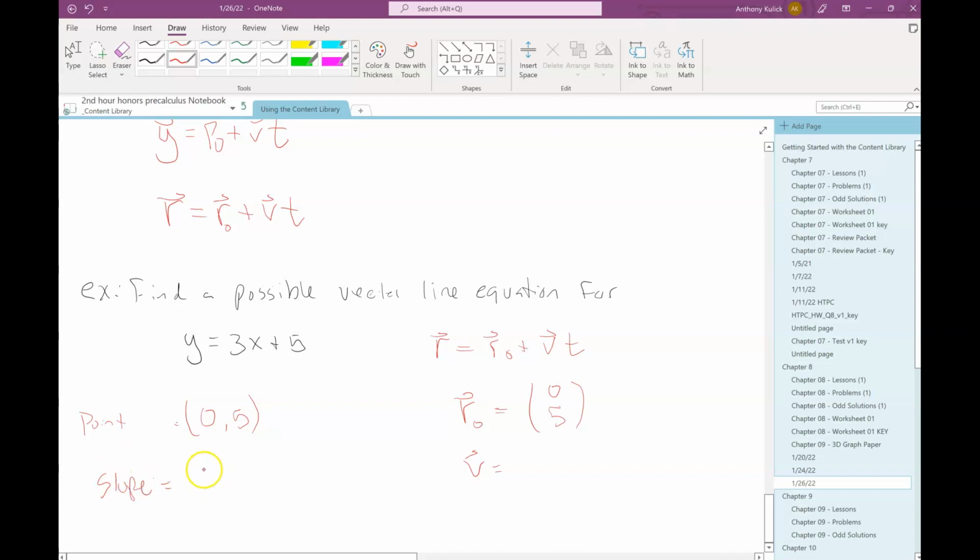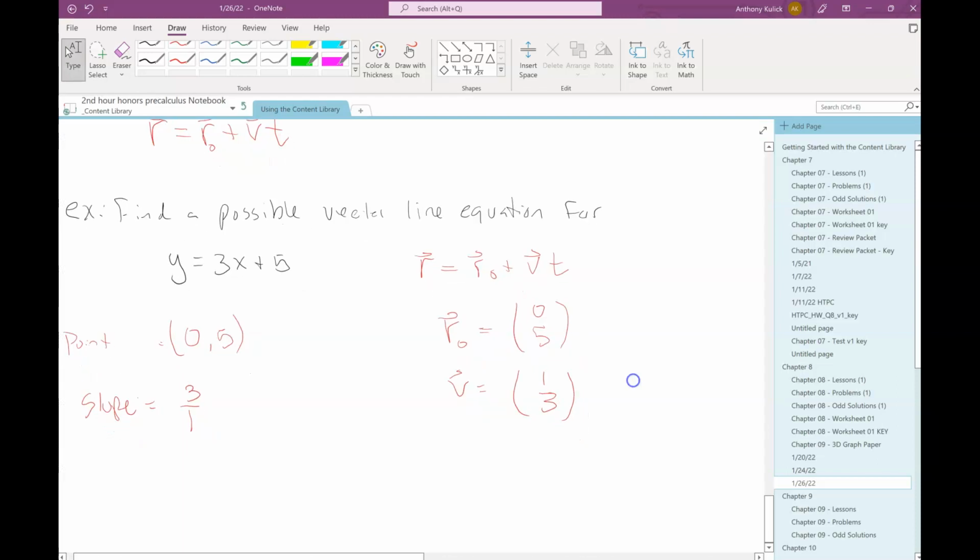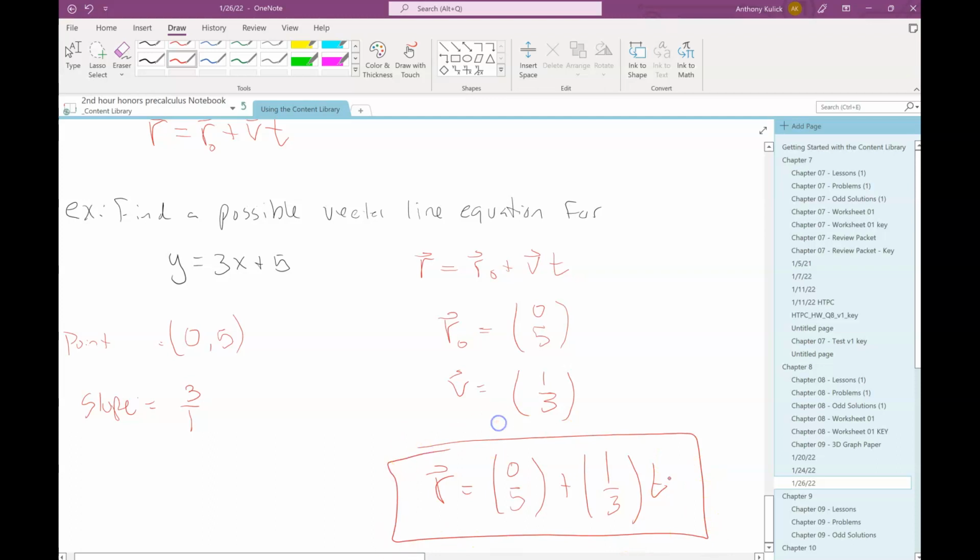In this case, the slope is 3/1. So my direction vector should be 1, 3. So there's my vector line equation.